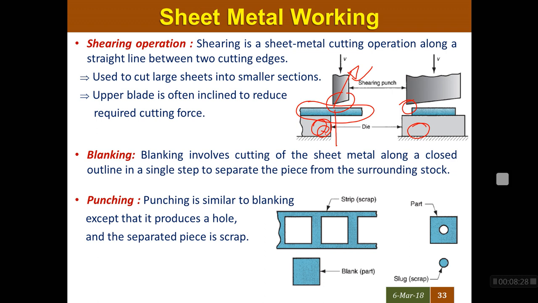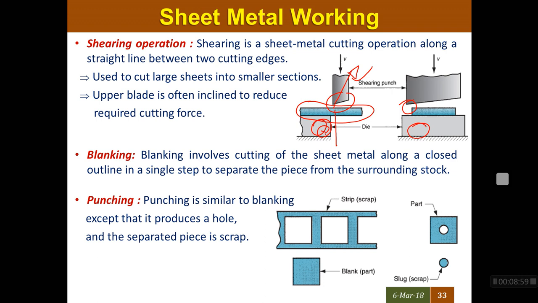Next, very important, we are now discussing different sheet metal operations. First, blanking and punching. It is important to understand the difference between blanking and punching. I'll give you one good example of punching. We normally punch our write-ups. Let us assume that the write-up is made of thin metal sheet and you are doing a punching operation.